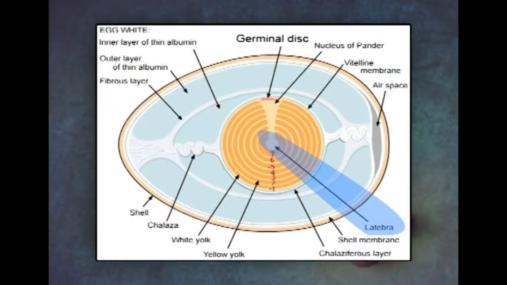Now, latebra is the center of the yolk, which is a small, neatly circular core of light colored fluid which does not completely harden on boiling. Now, third is the germinal disc or the germ spot, which is the reproductive nucleus. It is a light colored spot located on the surface of the yolk just under the vitelline membrane.